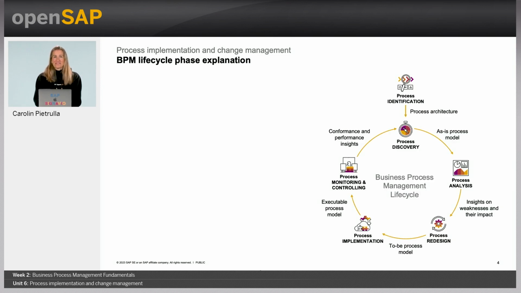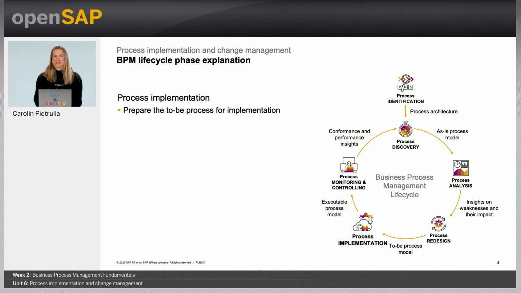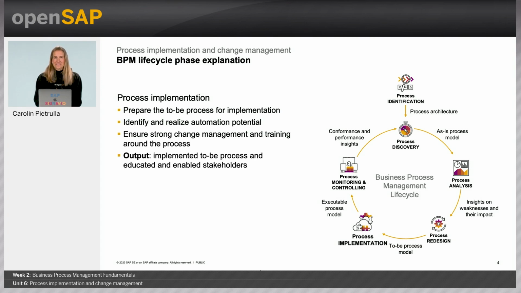So at this point, we have identified, discovered, analyzed, and redesigned our processes. We know exactly how the future state looks like and are excited about the great advantage it will bring about.